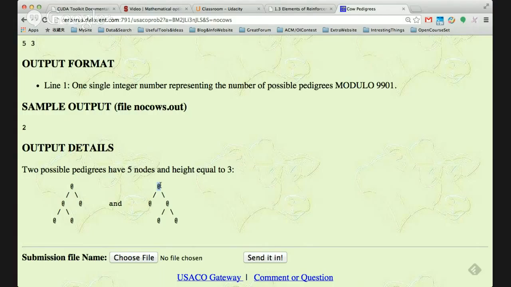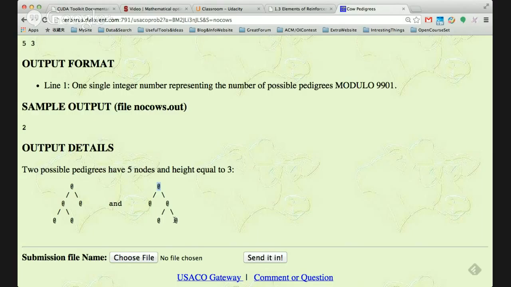So my children are 2 subtrees, and these 2 subtrees are a combination of all the possible combinations of these. And there's a constraint. The constraint is that the 3 of us together, the root, my left and my right, the sum of the nodes has to equal n, and our height has to be k.